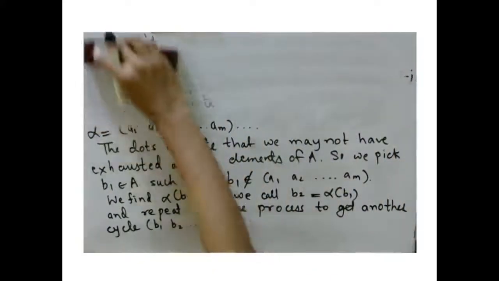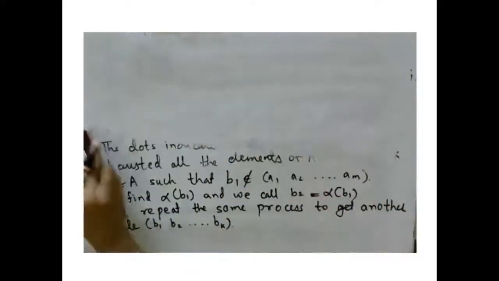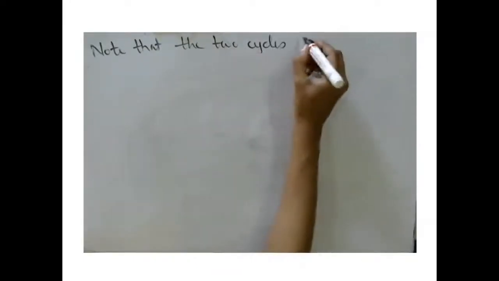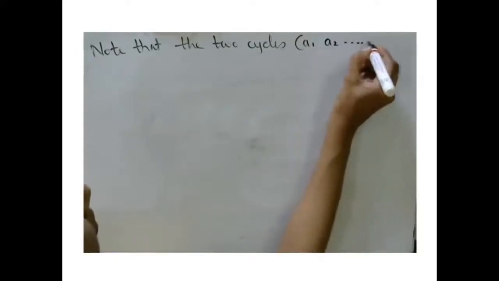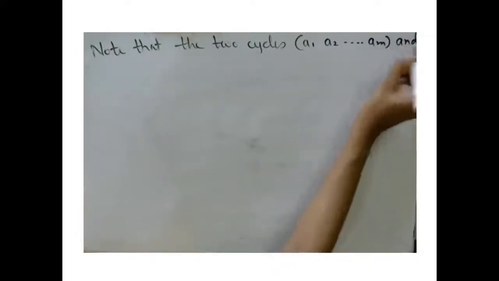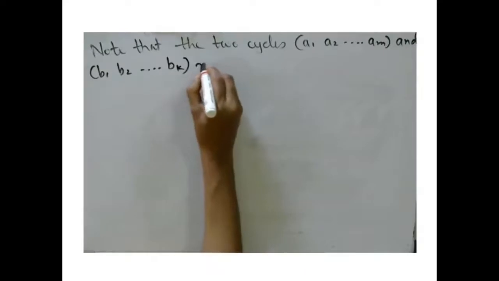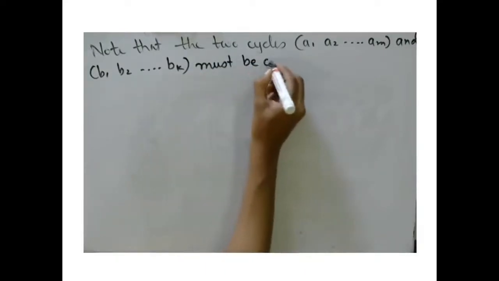So note that the two cycles A1, A2, AM and B1, B2, Bk must be disjoint.